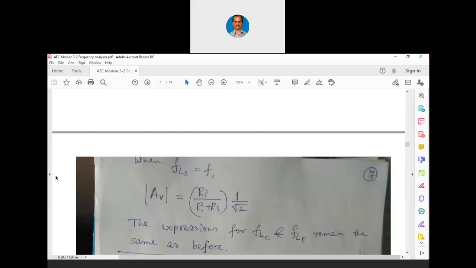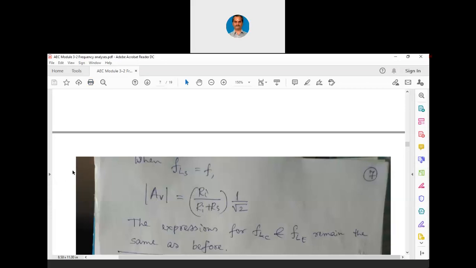Because we are considering only the input source resistance there. So only that FLS is being affected. Otherwise FLC and FLE remain the same. So remember this particular term Ri by Ri plus Rs is going to be multiplied to our regular voltage gain expression.